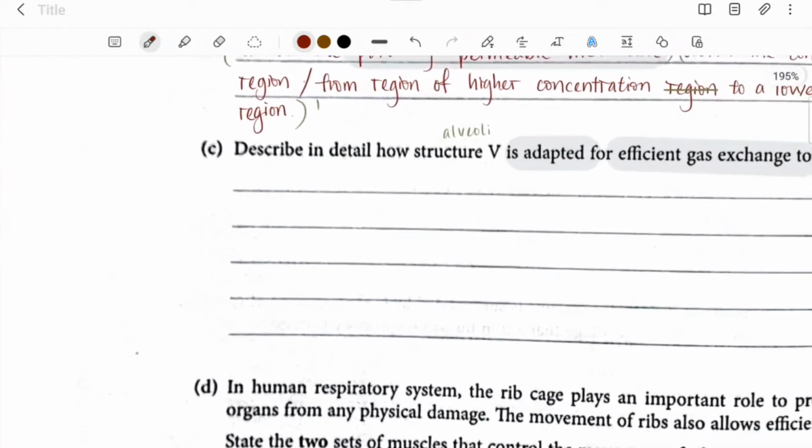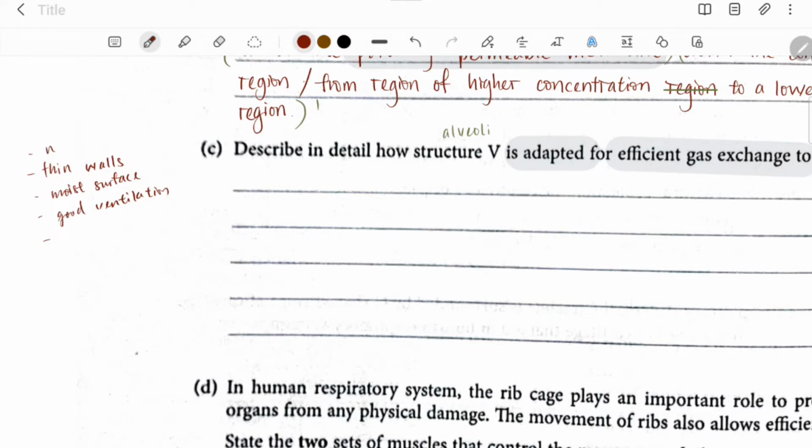This one you can say that they have thin walls, moist surface, good ventilation, and then they are numerous in number because they have many alveoli.